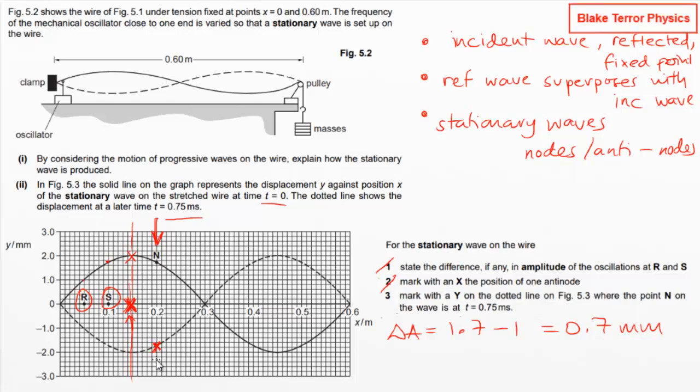So it's going to be here at point N. That's where it's going to be. So this one you definitely want to mark on the dotted line. It's not going to be on the x-axis. I think put the antinode on the x-axis, but you want to make sure that you've marked that new position for N on the dotted line.